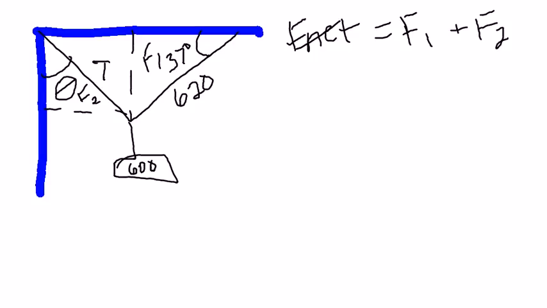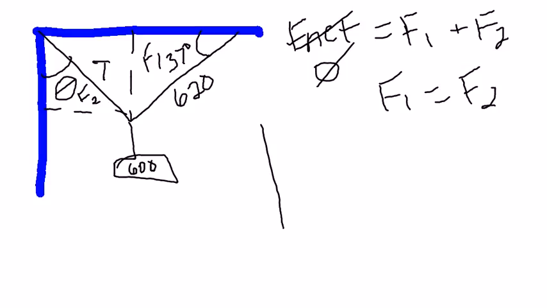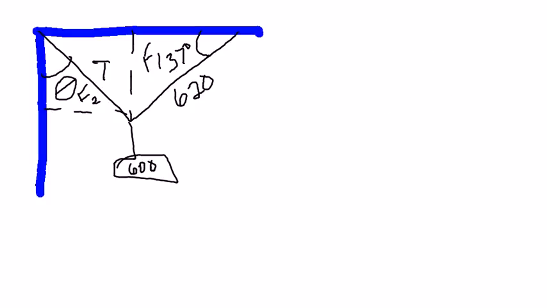But F net in this situation is going to be 0, so F1 is going to be equal to F2. We're going to have two components, X and Y, with the directions based purely on that. So we're going to have an F1 of X, an F2 of X, an F1 of Y, and an F2 of Y. Since we know that F1 is equal to F2, we're going to first solve for the X component.